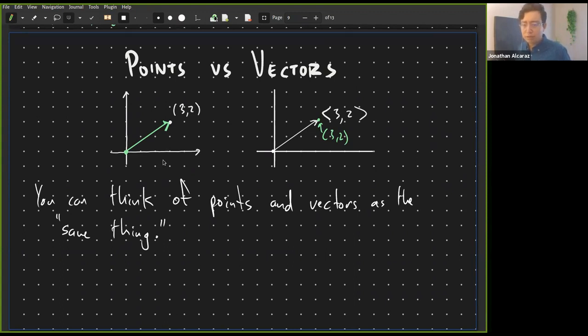Yeah, so you can think of every point as just the vector that points to it. Okay. So a point is just the vector that points to it.